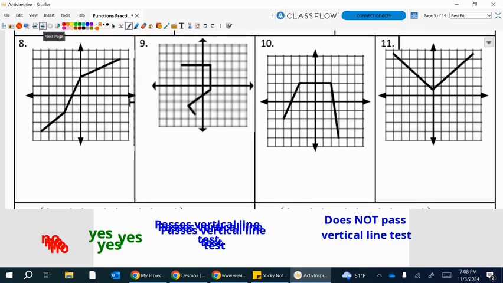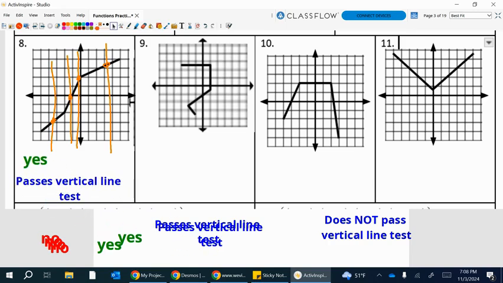Okay, this time we have graphs, and so what we want to do is something called the vertical line test. We'll go ahead and draw some vertical lines through this graph, and we see that each vertical line only crosses in one place. That means this graph, yes, it does represent a function because it passes the vertical line test. Or you could say x does not repeat.